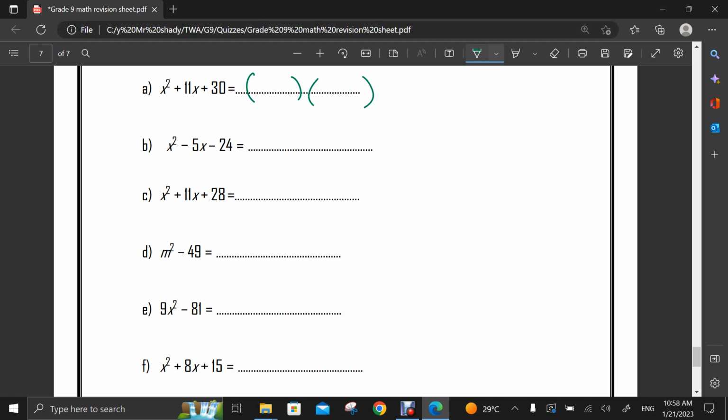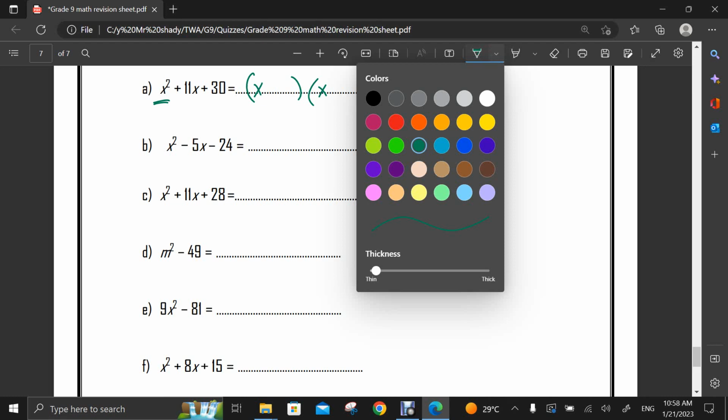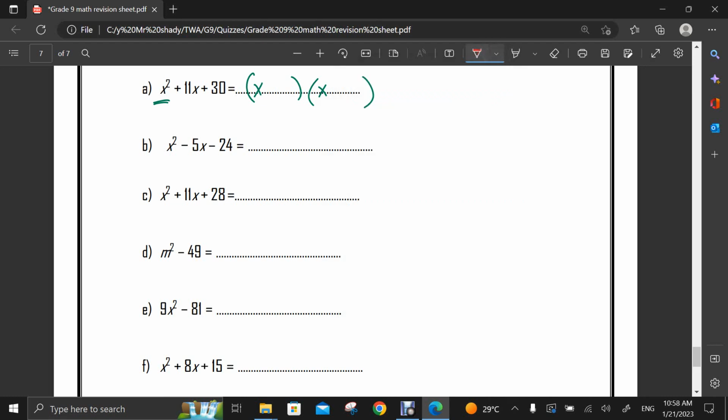So we have here x power 2, right? x times x is x power 2, so I write here x and x. And then you are going to search for two numbers. The product of them is 30, and the addition of them must be positive 11.